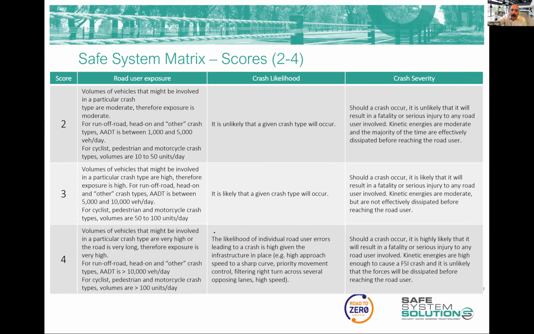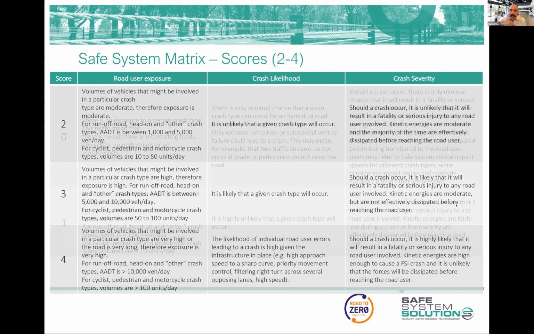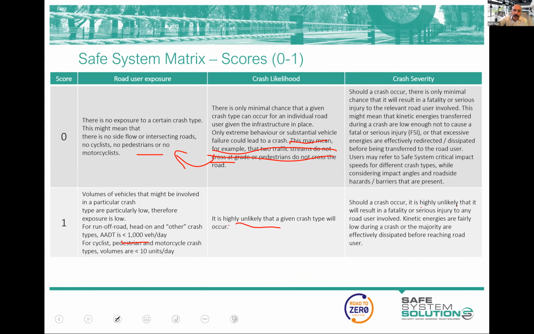We see there that a 1, should a crash occur, it is highly unlikely that it will result in fatality or serious injury to any road user. Kinetic energies are fairly low during the crash, or the majority are effectively dissipated before reaching the road user. What does that mean, effectively dissipated?